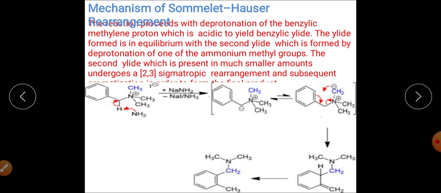Now, as we can also see when we talk about the evidence of this particular reaction, this reaction is proceeding in an intramolecular way, right? And it was derived that the reaction is intramolecular in nature with the help of the crossover experiment, right?